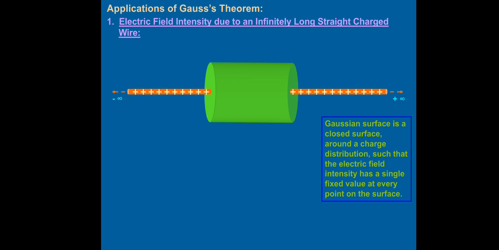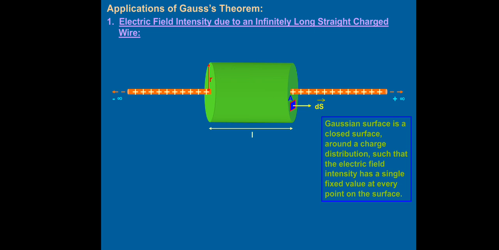So here we are considering a cylindrical Gaussian surface which encloses some charge of this line charge distribution, that is, charge distributed over the wire. Suppose the length of the Gaussian cylinder is taken as L and the radius of the Gaussian cylinder is R. Then consider a small area on the plane surface of the Gaussian cylinder.